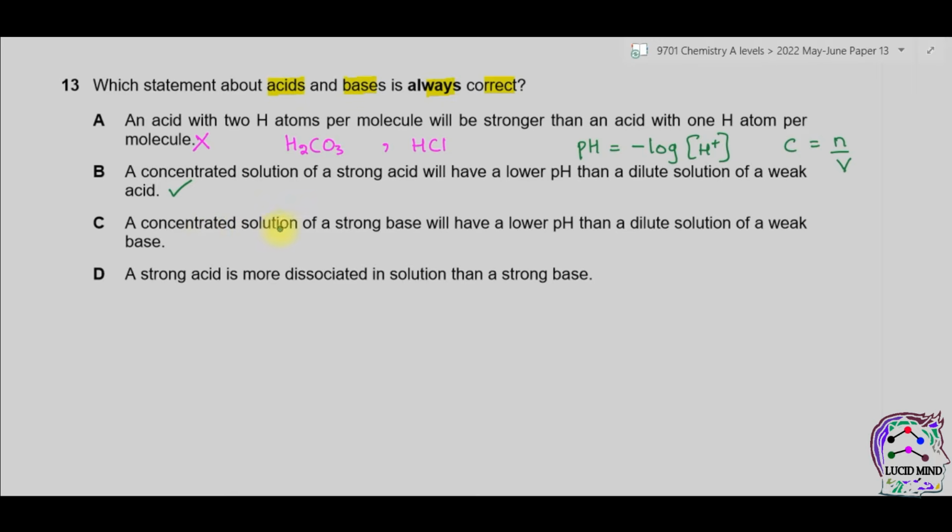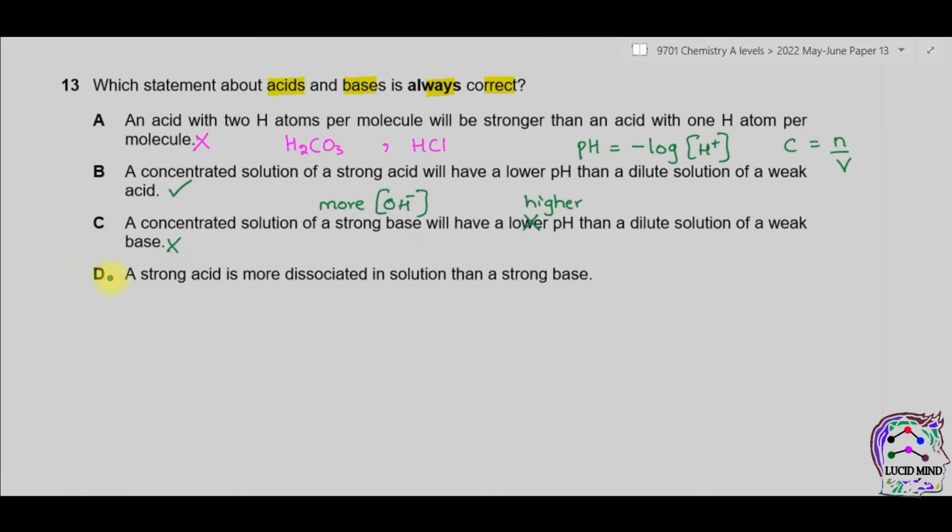Part C. A concentrated solution of strong base will have lower pH than a dilute solution of weak base. Now if we have a strong base, then it will have a higher pH value because we have more OH- ions. A greater number of OH- ions means the pH will be near to 14, which is a higher value.